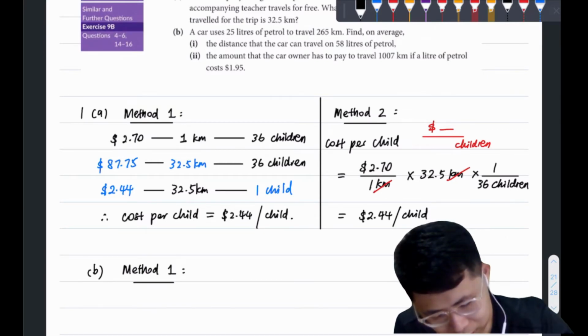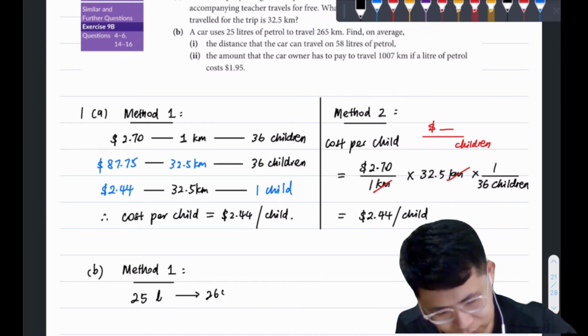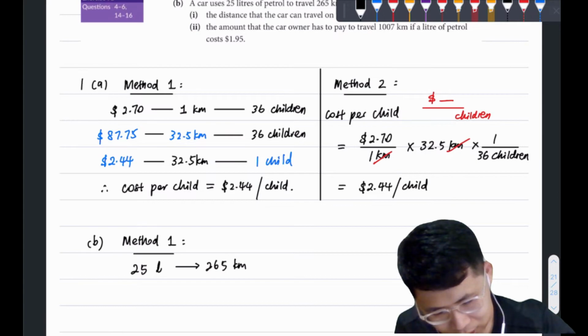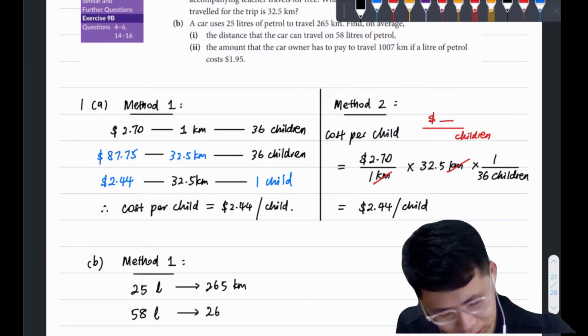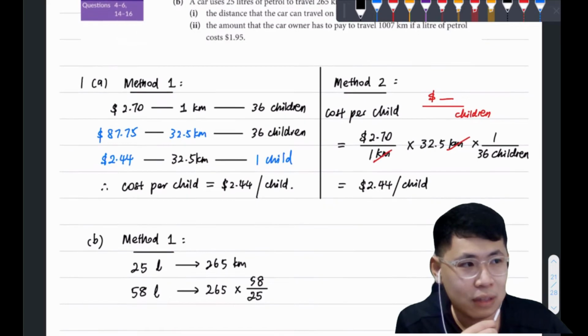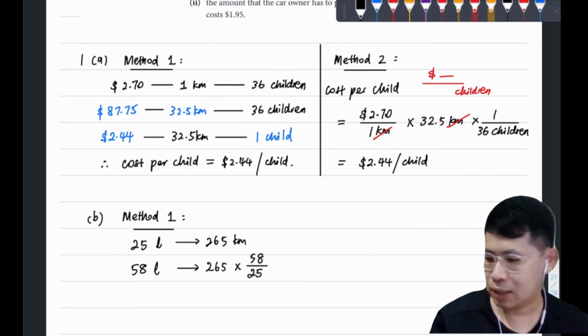So I'm going to have 25 liters of petrol, and then I travel 265 km. Over here I'm looking for 58 liters of petrol. I need to divide by 25 to make 1 unit, 1 liter, and I'm going to multiply by 58 for the amount of liters.